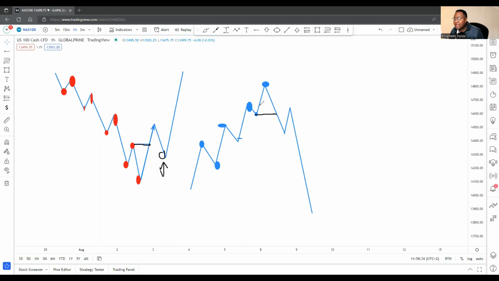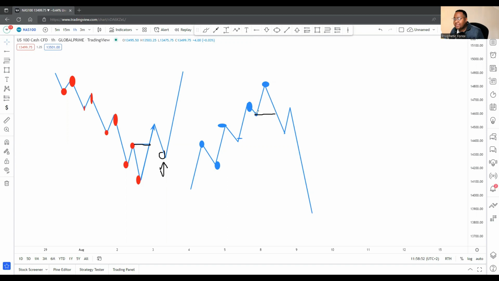So if the market has not broken this higher low, that means it's creating a new higher low from that higher high to create a new higher high. Make sure that you can be in the right lane in terms of identifying this.